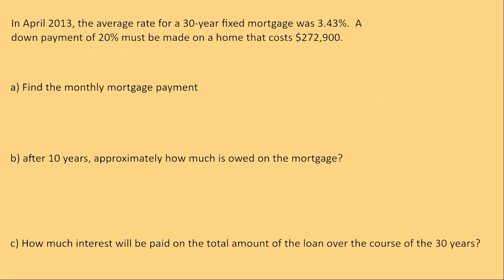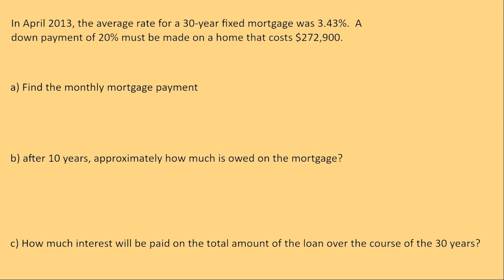In April 2013, the average rate for a 30-year fixed mortgage was 3.43%. A down payment of 20% must be made on a home that costs $272,900. In the first part of this example, we want to find the monthly mortgage payment.